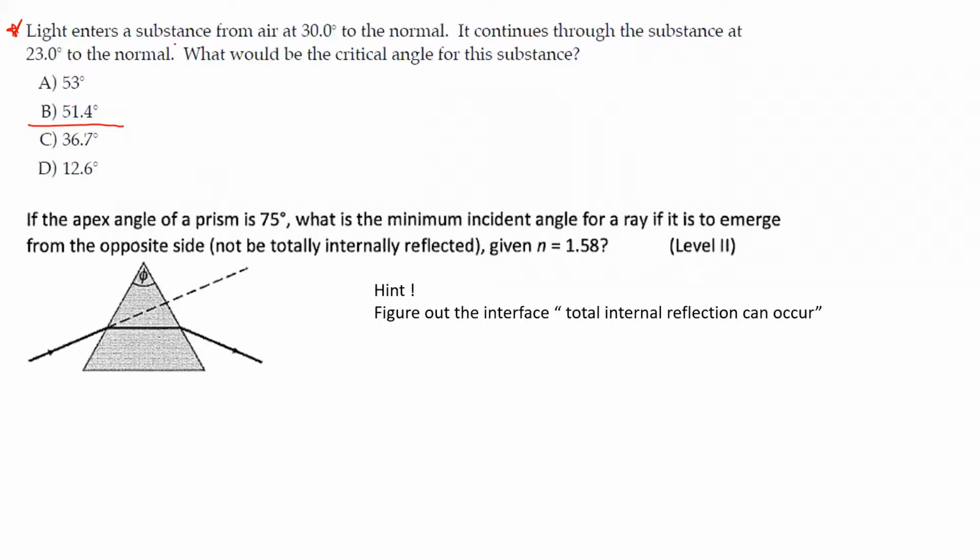So they are saying light enters a substance from air at 30 degrees to the normal. It continues through the substance at 23 degrees to the normal. So it comes from air at 30 degrees to a denser medium, and they have given this angle as 23. This is air, this is the substance.